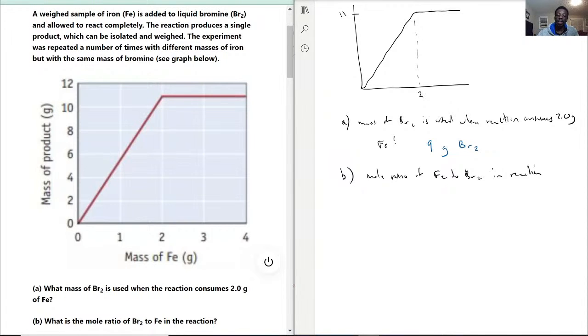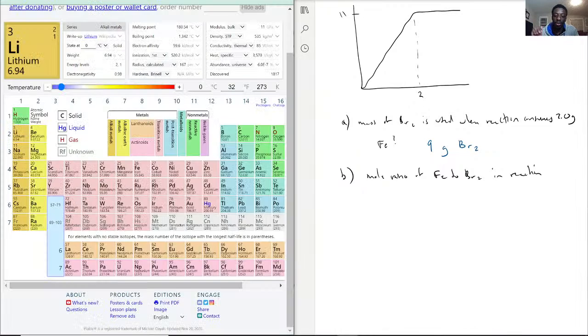With that being said, as a double check in terms of the moles, we need to convert the iron first from the mass to the moles. Iron by itself has a molar mass of 55.845 grams per mole.